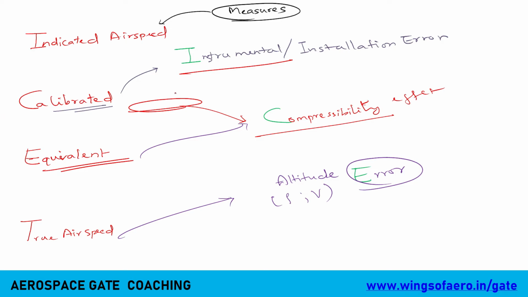indicated airspeed is the airspeed measured from different gauges, right? So where can we use this indicated airspeed?